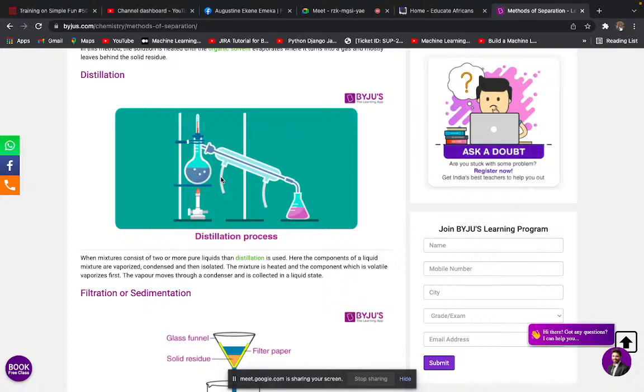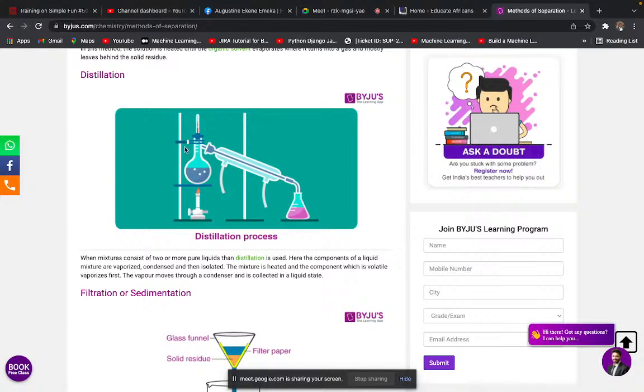The mixture is heated, and the component which is volatile vaporizes first. Then the vapor moves through a condenser and is collected as liquid. So distillation is very important when you have two liquids that are miscible, but have different boiling points.